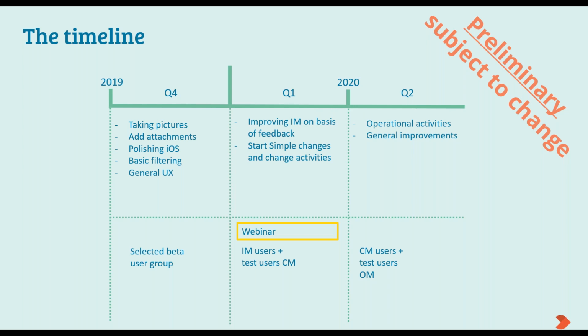These will be mostly focused on change management. Moving on to Q2, we want to do the same thing with operational activities. Have the change management users as they want, working on that, and then testing and getting feedback with operational activities and seeing how that moves forward and working with the feedback we get.